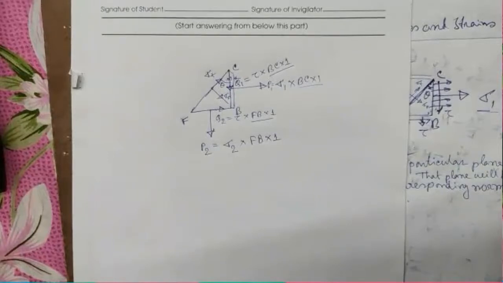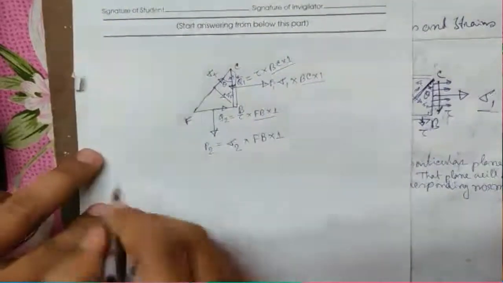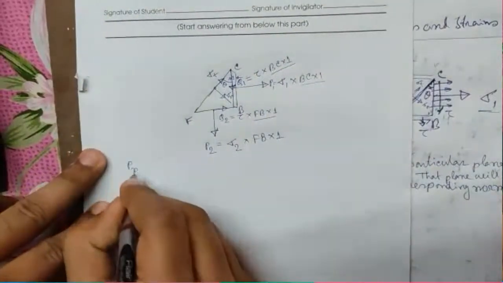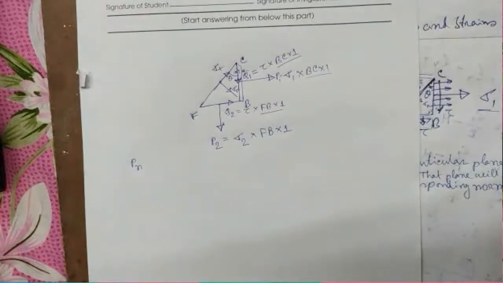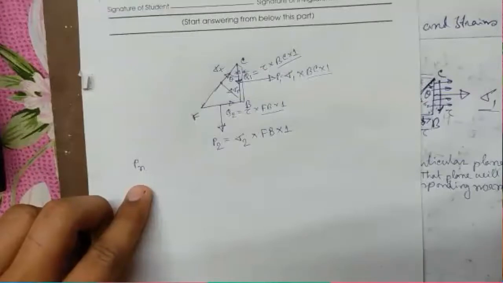So now our job is to find out the Pn, which is the normal force along the direction of normal to CF, along the direction of sigma n.